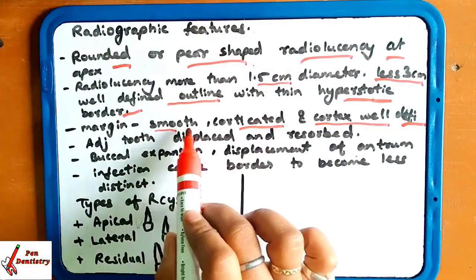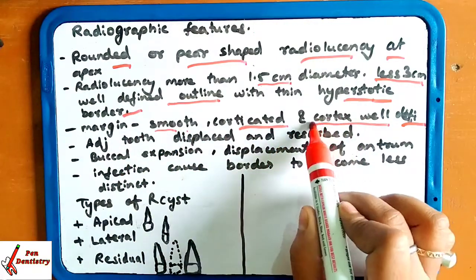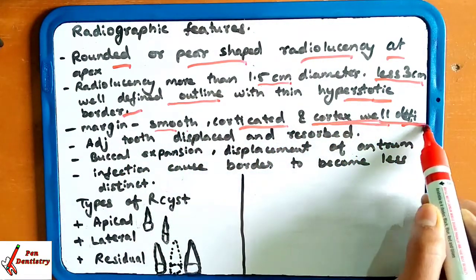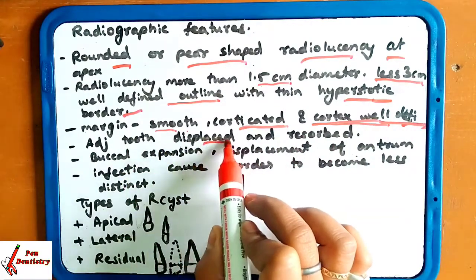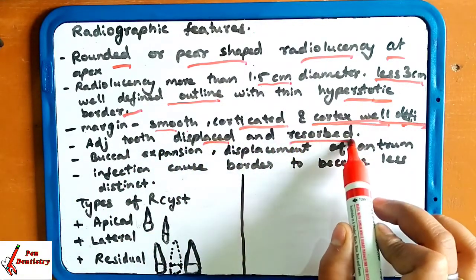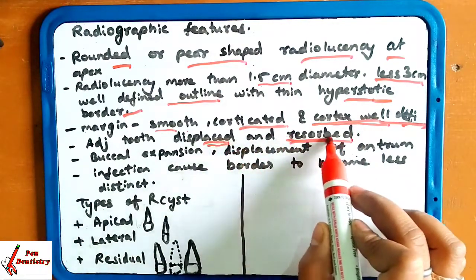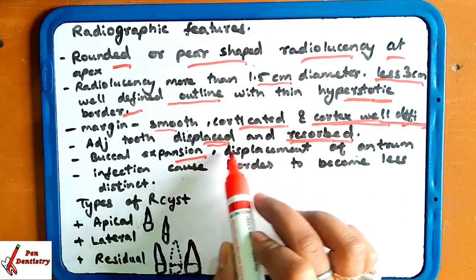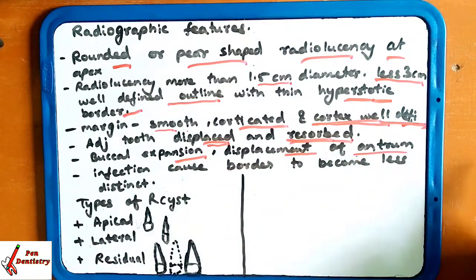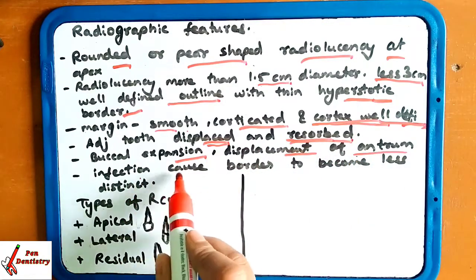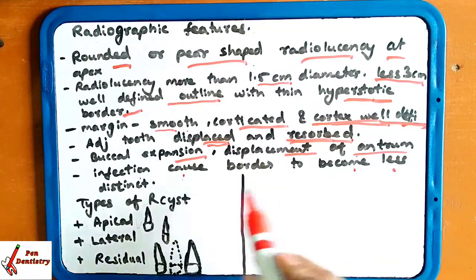The margin is smooth, corticated, and the cortex is well defined. Adjacent teeth are displaced and resorbed. Buccal expansion and displacement of the antrum is seen. Infection causes the border to become less distinct.